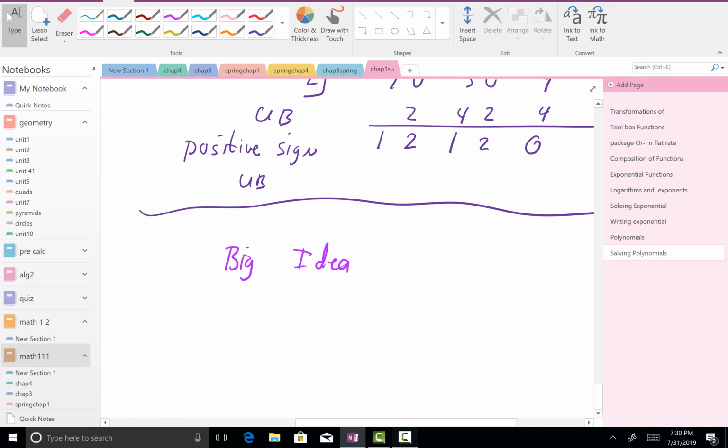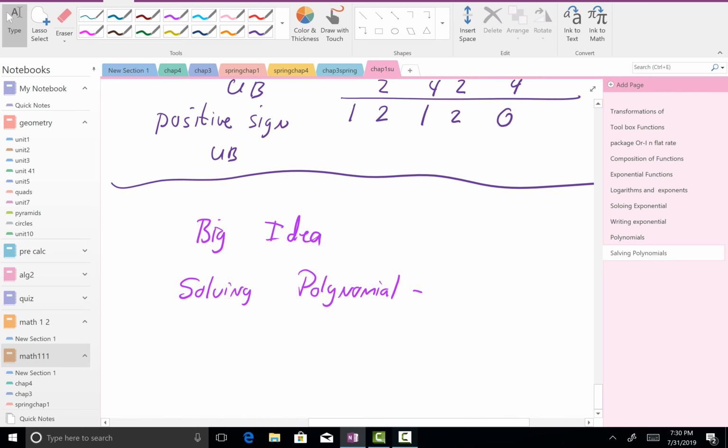Remember we talked about this stuff. First of all, when you're solving a polynomial, we're setting it equal to 0. So the degree is the number of solutions it has.